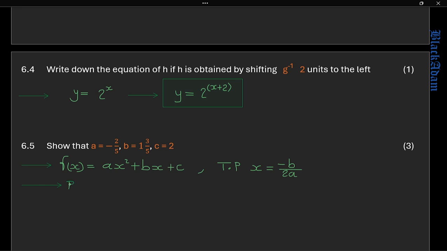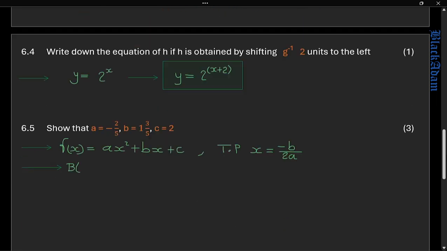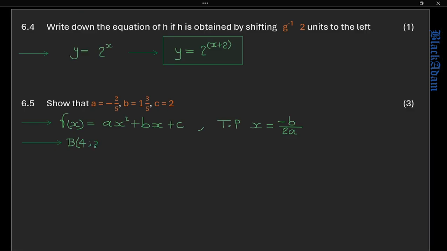For B, x is 4 and y is 2, so 2 equals a bracket 4 squared plus b bracket 4 plus c.